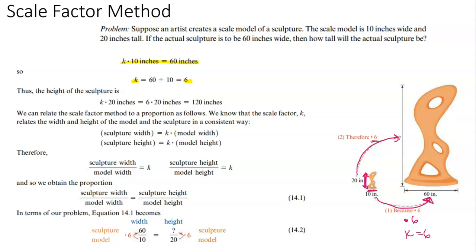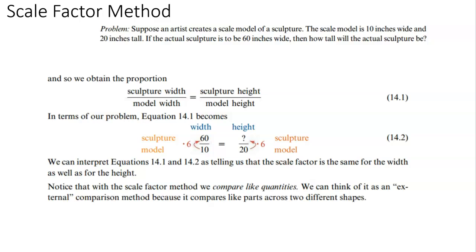And I think what's most important here is this setup. They say the sculpture width and the model width are related, and so the sculpture height and the model height. They're looking at width and height, with the sculpture on top and the model on bottom, and they ask how we can get from one to the other. The thing about proportions is there are so many true and correct ways to set these up.